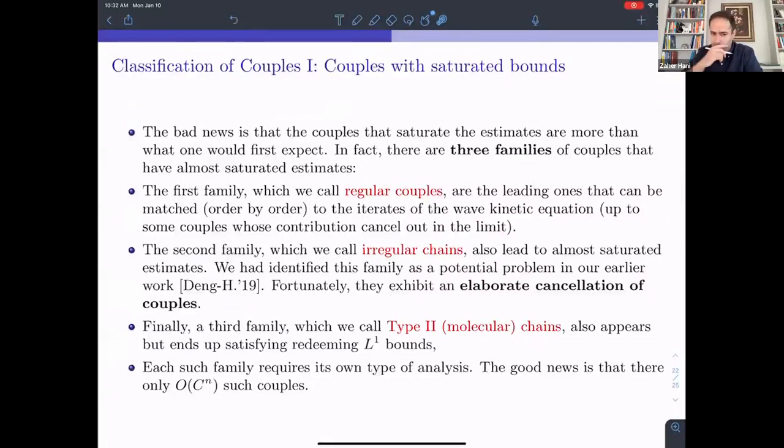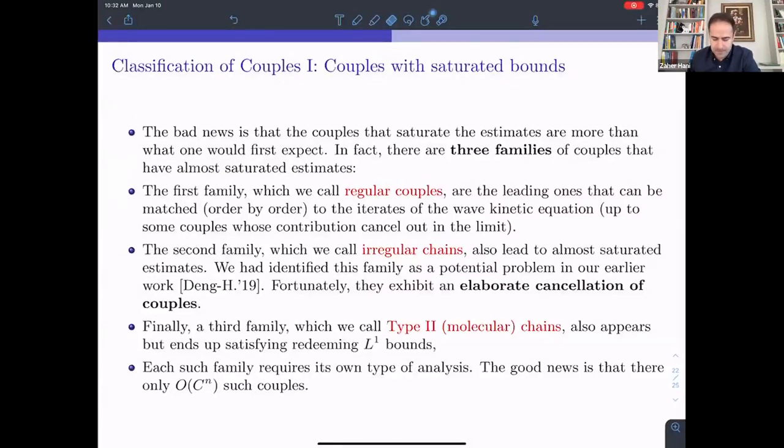But fortunately, in this work, and this was the starting thing that gave us hope to do the full derivation, we discovered an elaborate cancellation of diagrams that happens for this family, and this is why this family does not pose a lethal threat to the strategy.